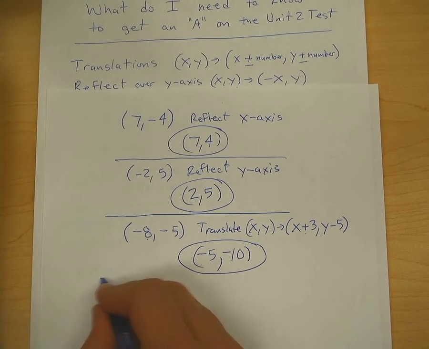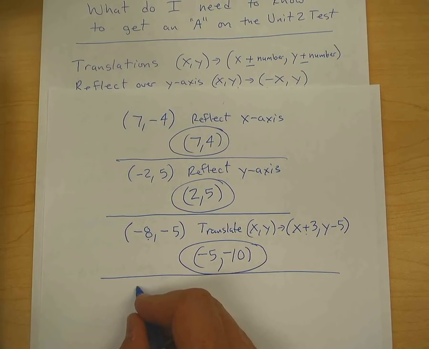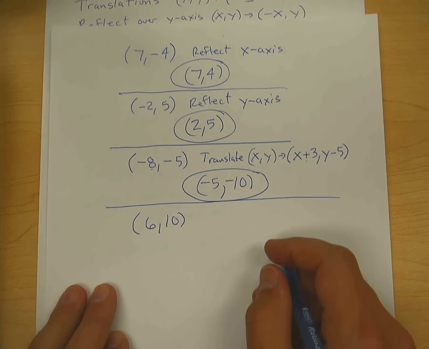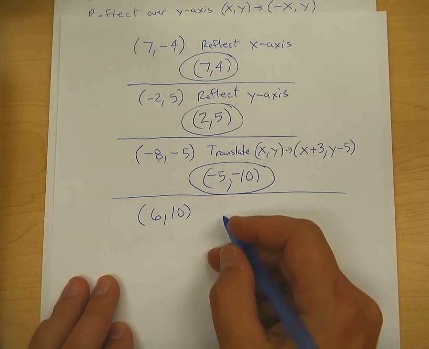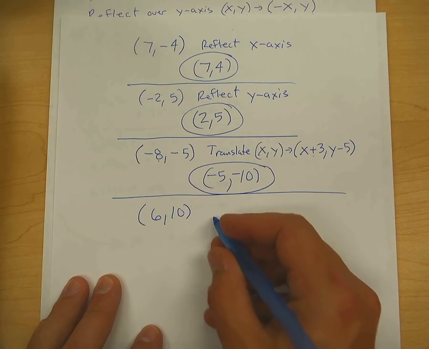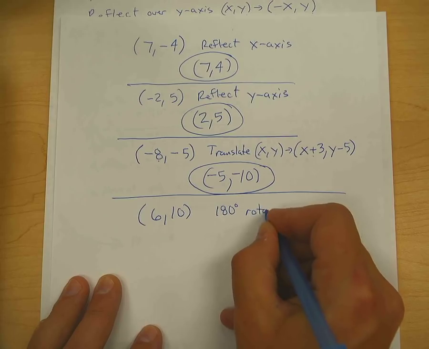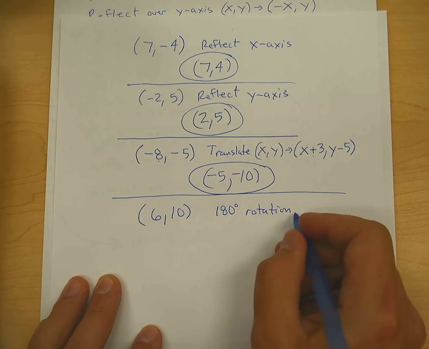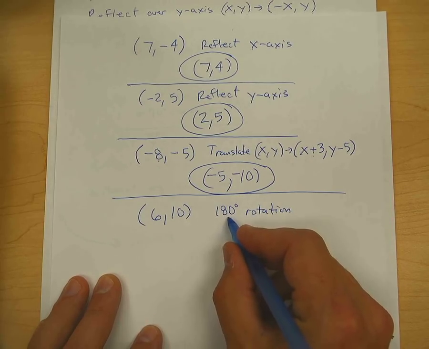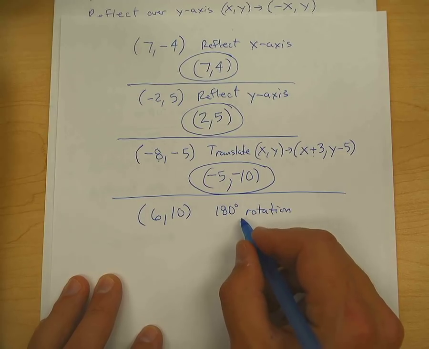Now I have another one. These are examples of problems very similar to what's on the test. Let's say I have a point (6, 10). And with that point, I want to rotate it 180 degrees. Now remember, clockwise or counterclockwise doesn't matter in 180 degrees because either way it's going to be 180 degrees.